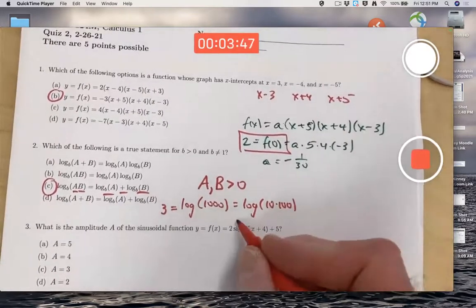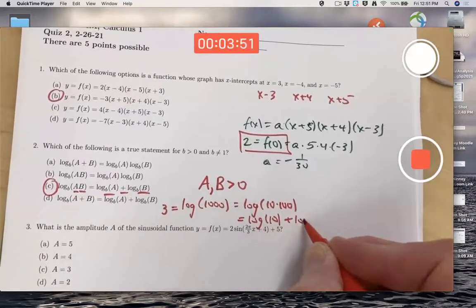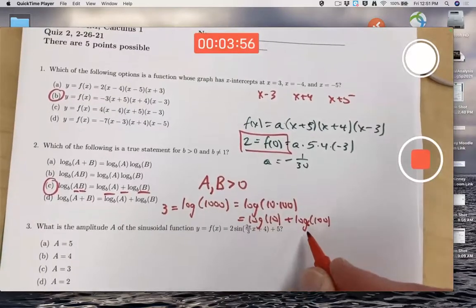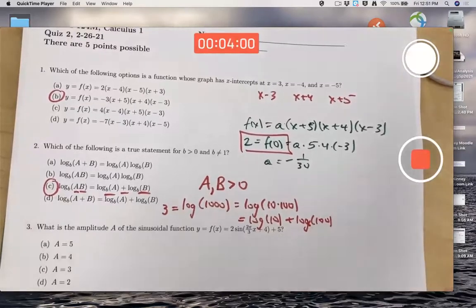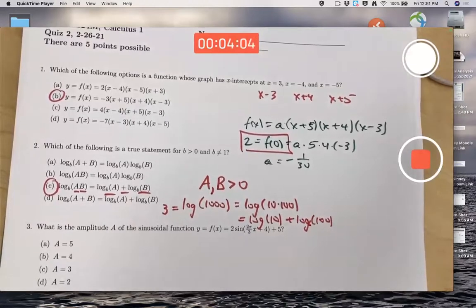And then you'd wonder, okay, does that equal log of 10 plus log of 100? Yes, it does, because that's 1 and that's 2. That would be an example of something you can do if you don't remember which rule is true, to help you figure it out. It's not a proof, but it helps you remember.